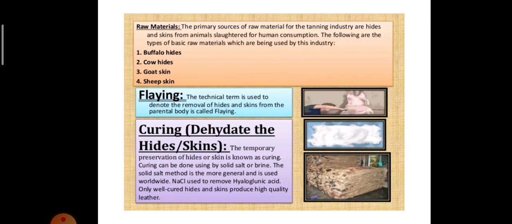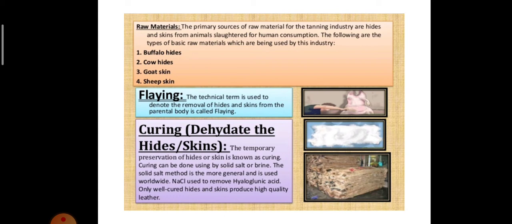Now the raw material. The primary source of raw material for the tanning industries is hides and skin from animals slaughtered for human consumption. The following are the types of basic raw material used by this industry.